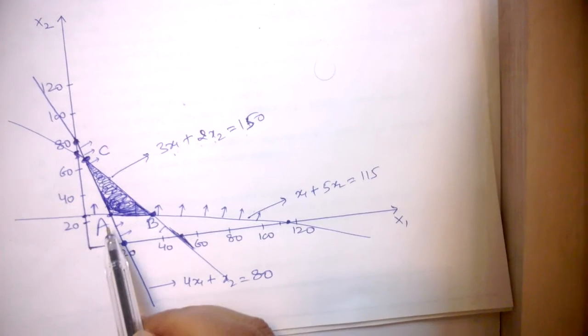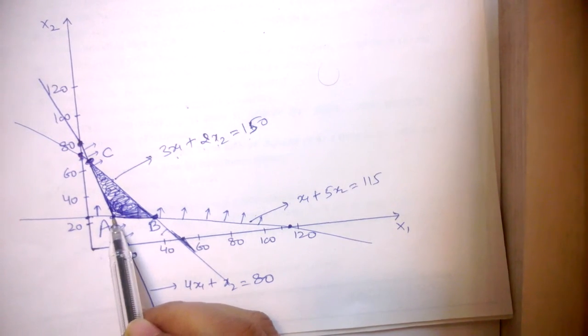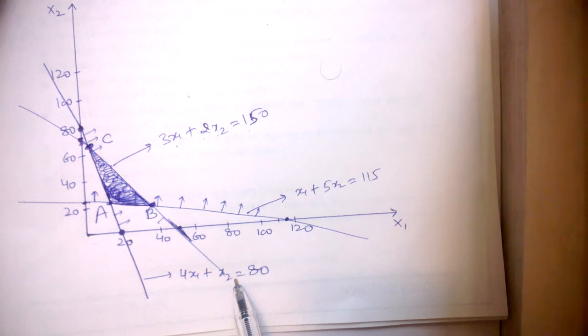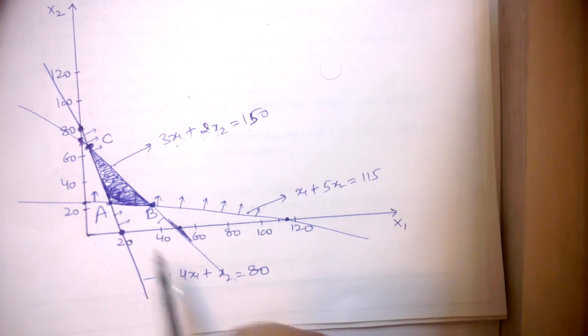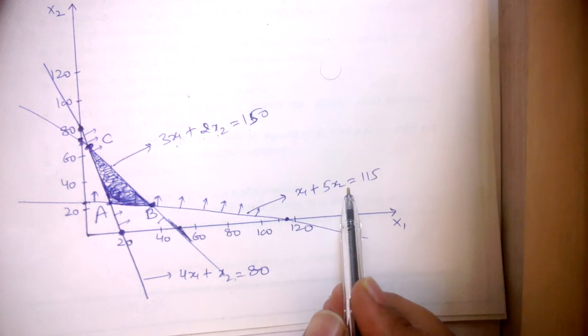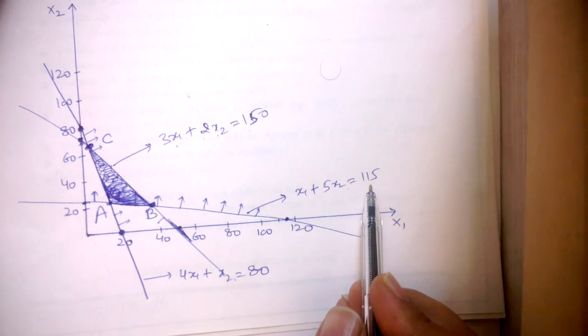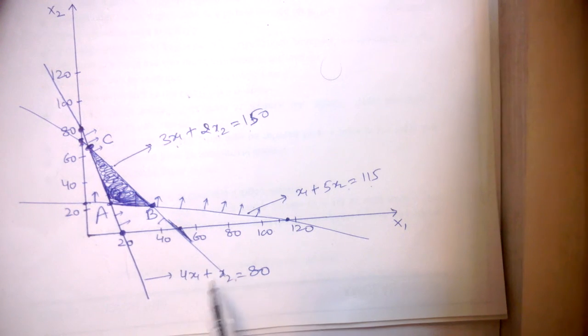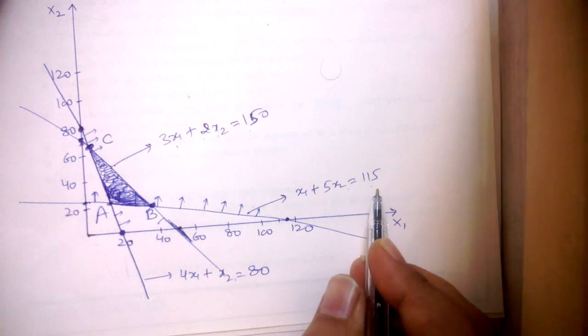Now see, point A is the intersection of which lines? 4x1 plus x2 equal to 80 and this line, that is x1 plus 5x2 equal to 115. So by elimination method, we'll solve these two lines. I'm just solving one point for you. For A, we have to solve the equations 4x1 plus x2 equal to 80 and x1 plus 5x2 is equal to 115.